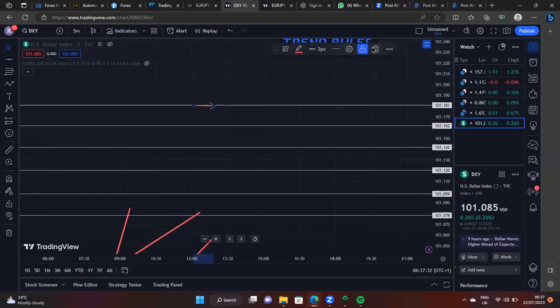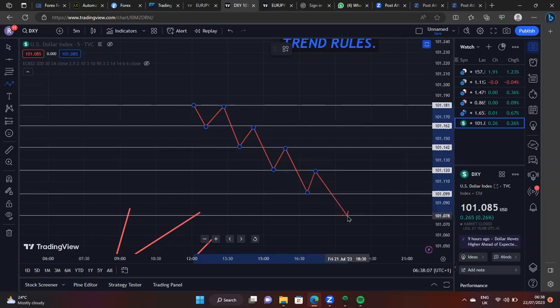Okay, so for a downtrend, we know there's a trend that is coming down, and let's say we have this is the high and then this is low, high, low, high, lower, high, lower, and high.